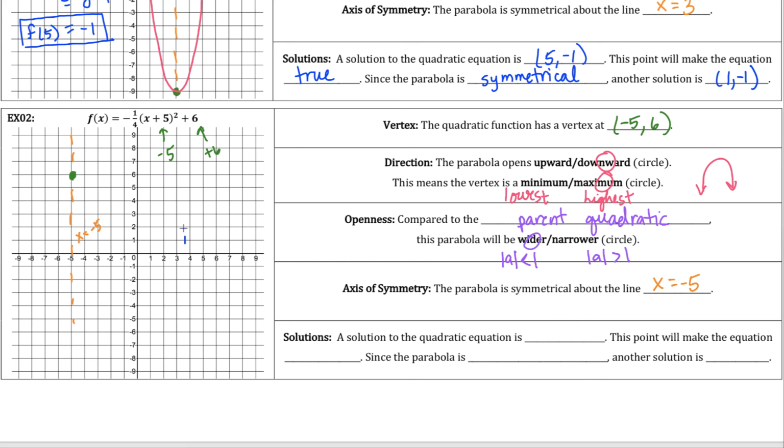So f of 5 equals -1/4 times (5 plus 5) squared plus 6. Oh, I have to choose one that makes sense. So I'm going to choose -7. See, I have to choose something to the left or to the right of the vertex. I'm going to choose -7.